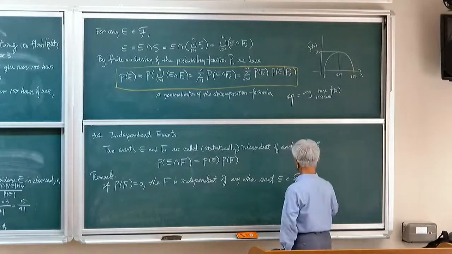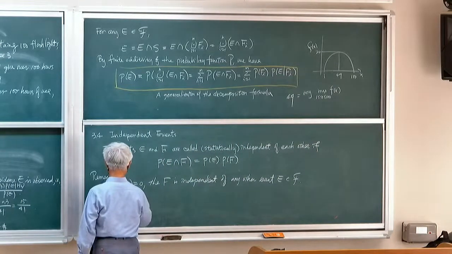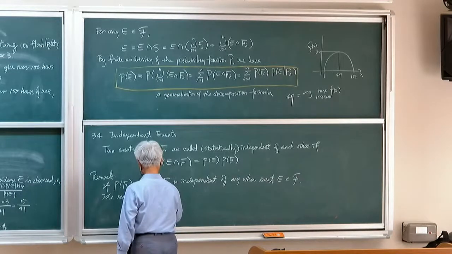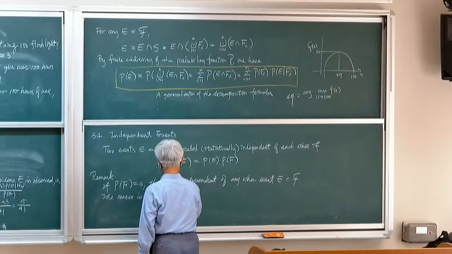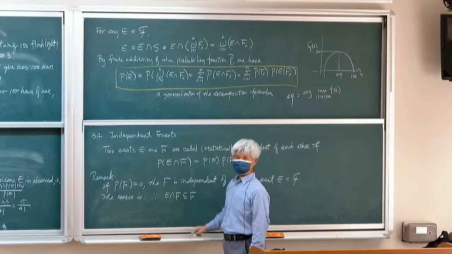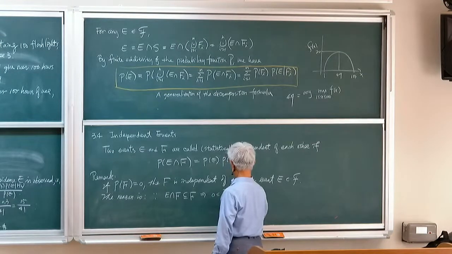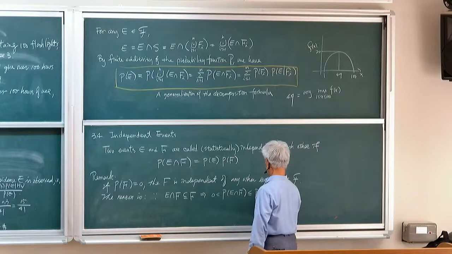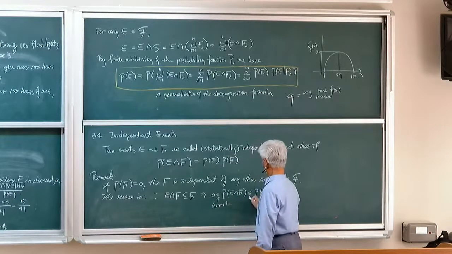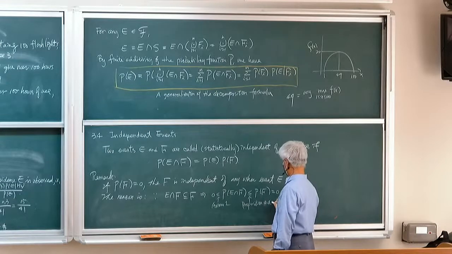What is the reason? Since the intersection of E and F is a subset of F, so this is from axiom number 1, and this is from proposition 2.4.2.